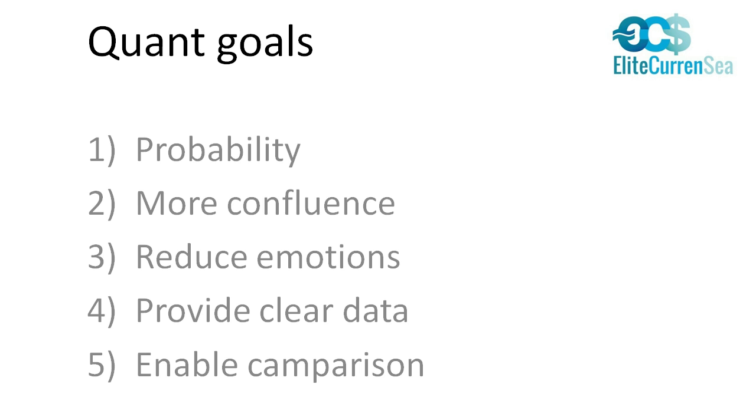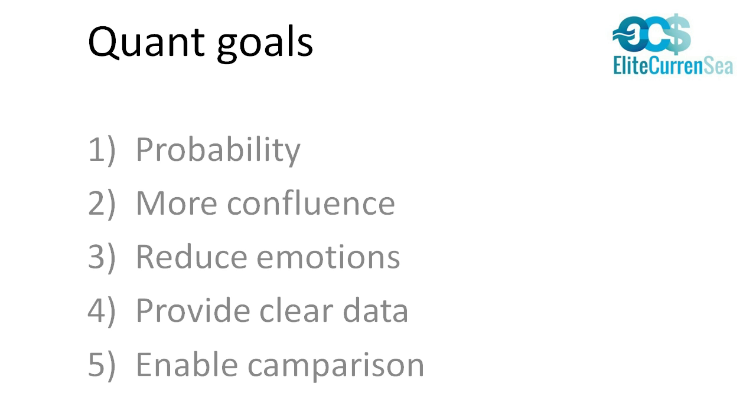You can use Quant too for more confluence. You can basically use the confluence to say this is or is not a good setup. You can use the Quant to reduce the emotions, to reduce the fear factor and the insecurity that is always connected when trading and analyzing.